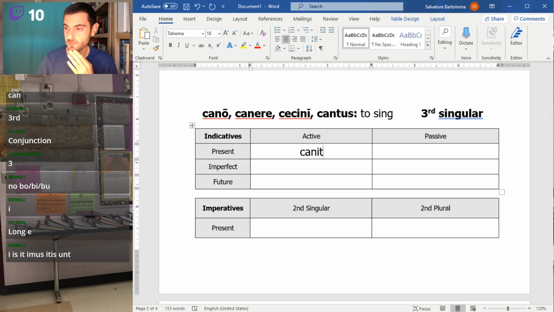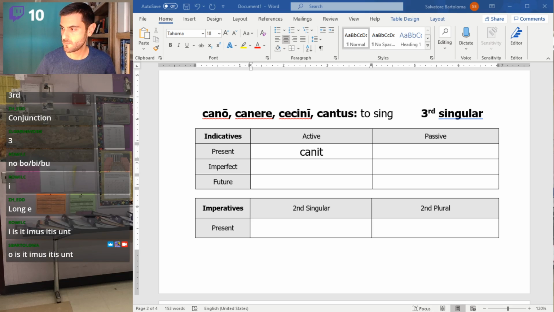You're very close there, Rowan. It's O, is, it, imus, itis, unt. That's our pattern. It's kind of like the ro, eris, erit, erimus, eritis, erunt, or bo, bis, bit, bimus, bitis, bunt. It's a pattern that we use a lot.